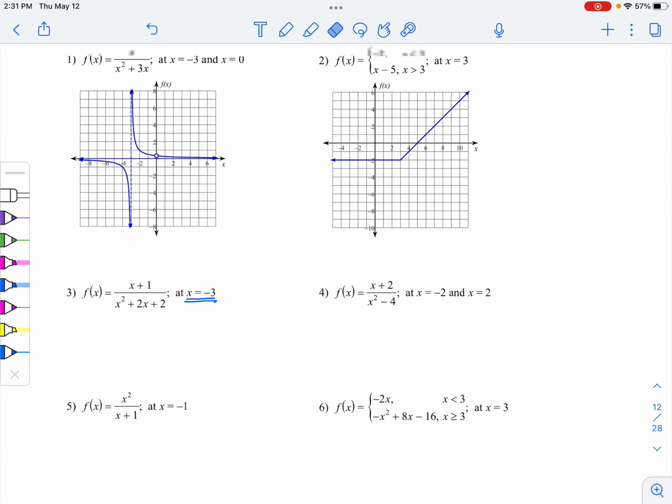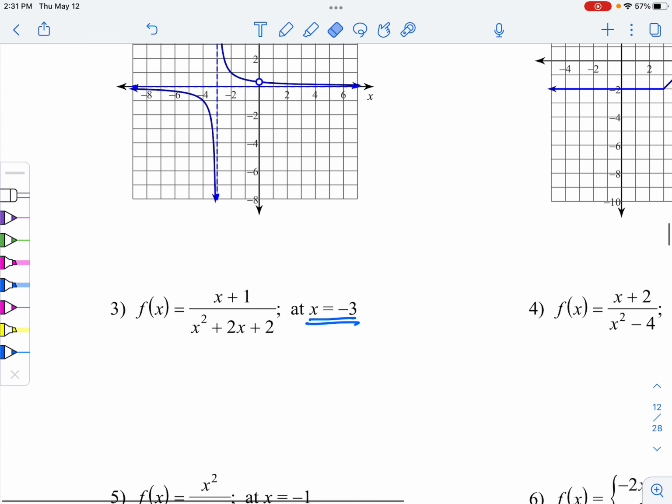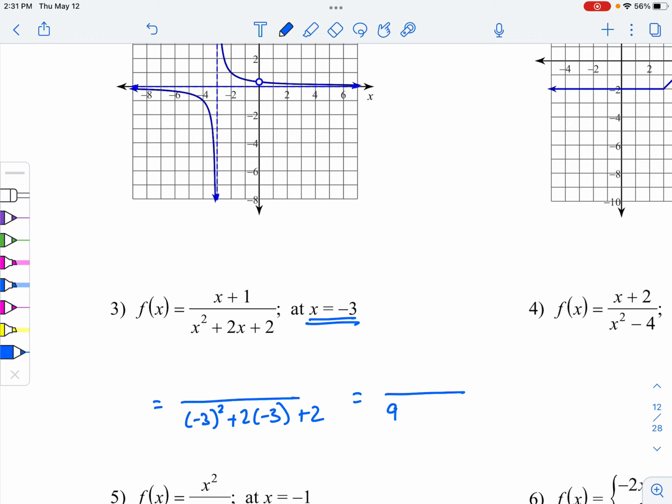So therefore, if I decided to plug in -3, let's check that denominator. What would happen if I stuck -3 in there? I'd have -3 squared plus 2 times -3 plus 2. Remember, continuity or issues happen when I have 0 in the denominator, which is why I'm only focusing on that denominator.